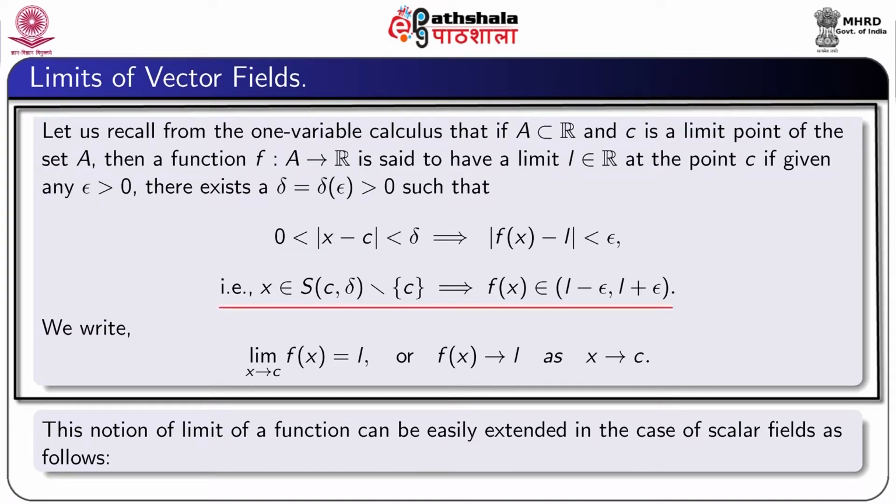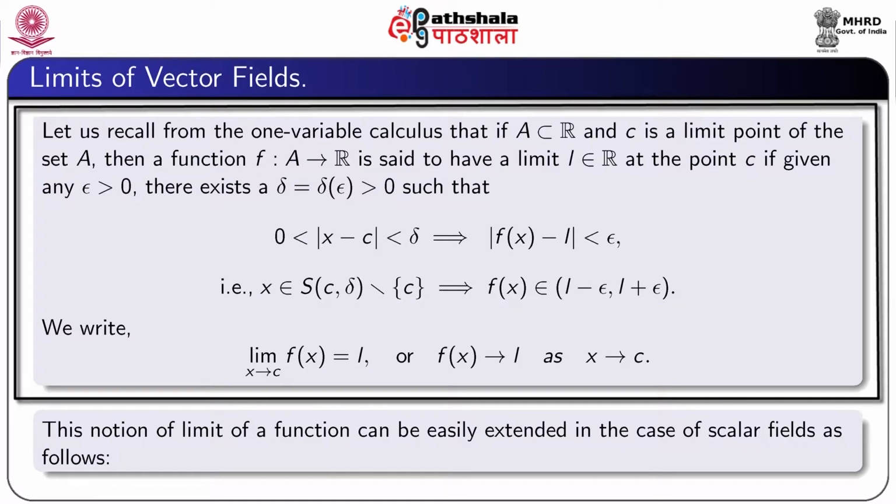In other words, if x lies in the open sphere with center c and radius delta, but not the point c, that means if x lies in the open interval c minus delta to c plus delta, leaving the point c, then f(x) must lie in the open interval L minus epsilon to L plus epsilon.